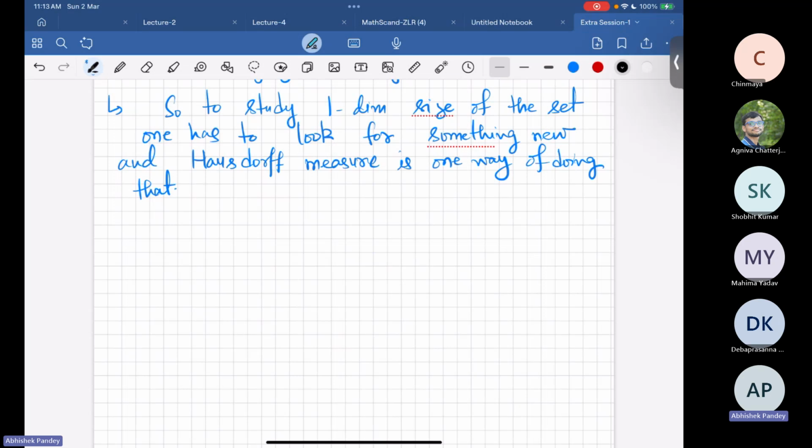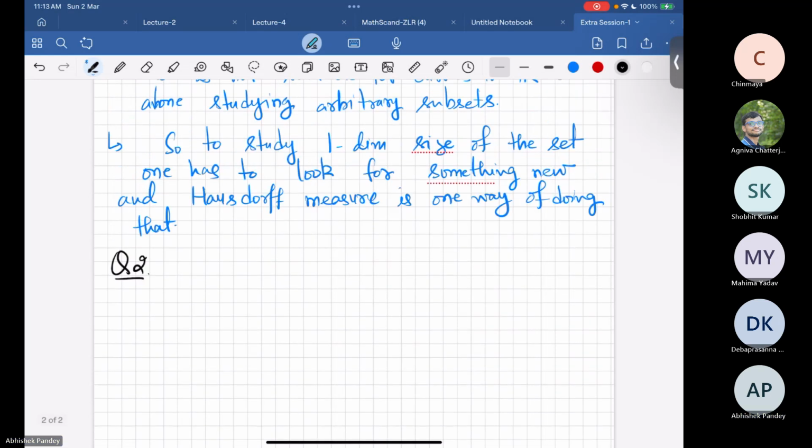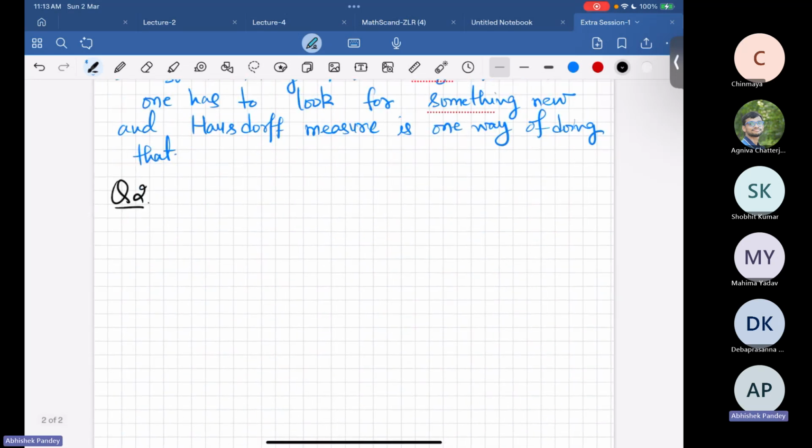And so the natural question, since we are talking about curves, is question two here. Let us say, I will make this precise later, but at the first stage, this is the one-dimensional Hausdorff measure. So does H1 agree with the actual notion of the length of the curve?